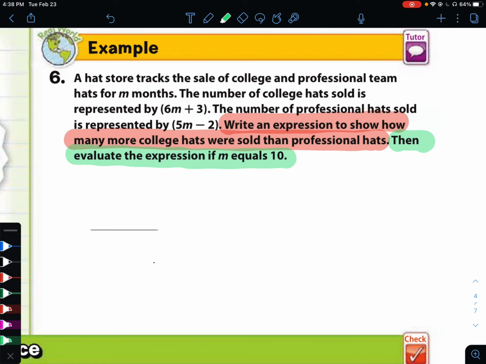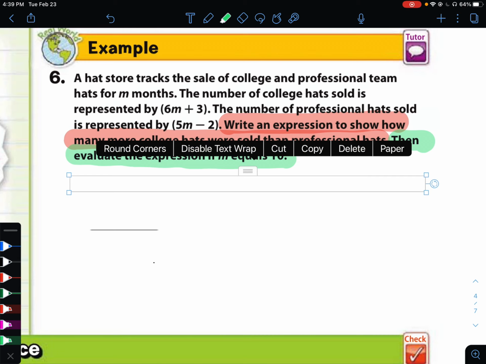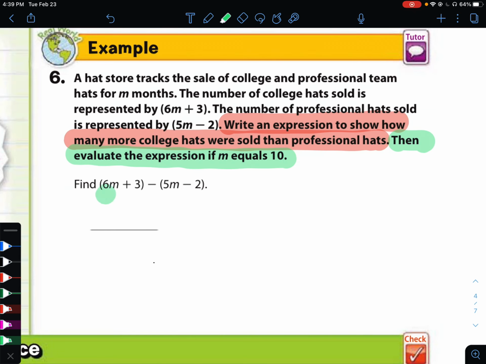Okay? So from here, we need to find 6m plus 3 minus 5m minus 2. Okay, so that's what it means, right?